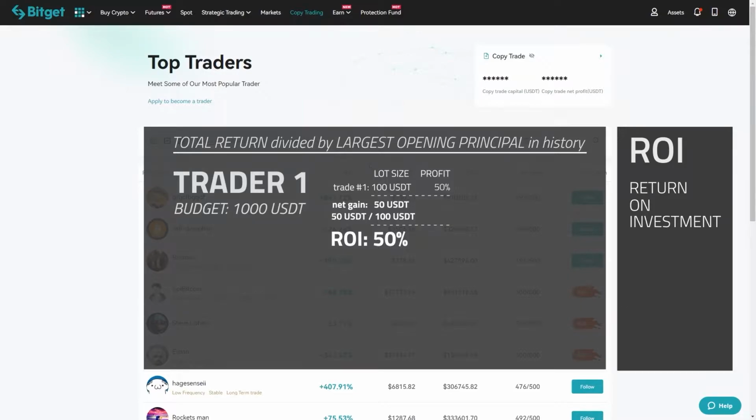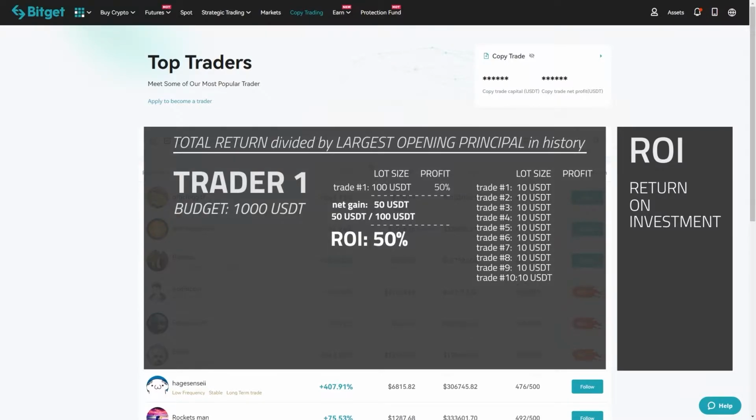So easy, right? Now, what happens if he makes the same trade in volume, but with smaller positions? Let's say he makes 10 trades with $10 positions, also closing all of them in 50% in profit. The gain will be the same, $50. However, the ROI will be 500%, as the largest opening principal was just $10.